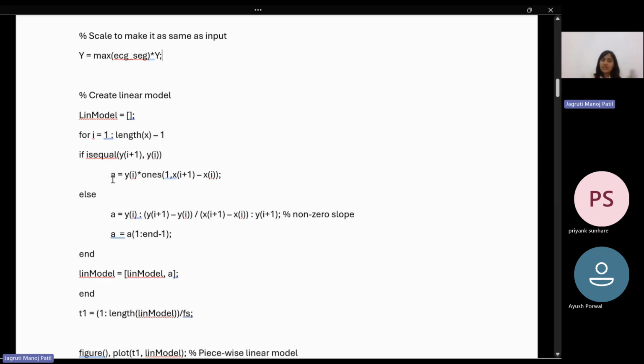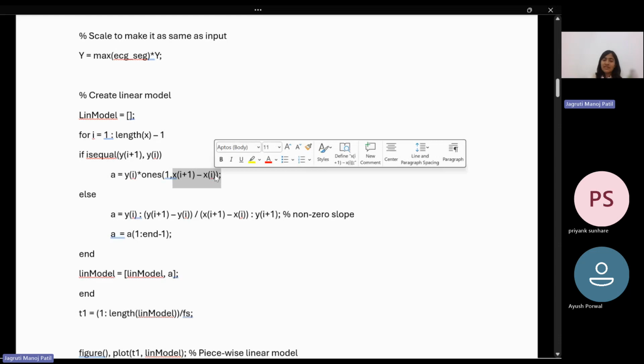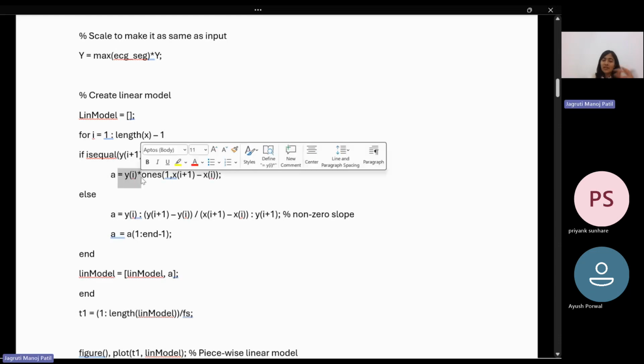If this condition becomes true, then a equals y of i times the ones vector of this entire length, minus x of i. What this gives is the difference between the x values, the timestamps, and we are essentially multiplying y of i with it, so it will add a straight isoelectric segment over there.